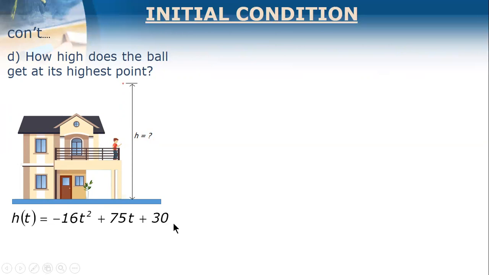From this is the expression of h, and we will use the value of t from the previous question, when the ball reaches the highest point, the time consumed is 2.34375 seconds, in question C. So let us substitute this value in the expression of h. And the value is 117.89 feet.